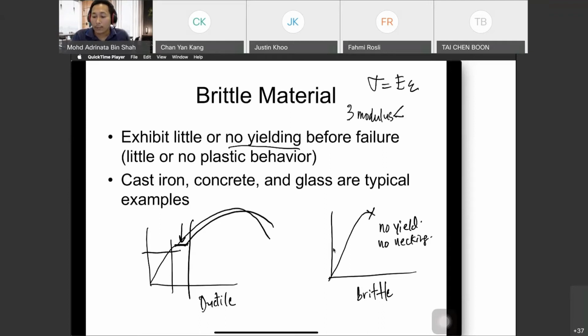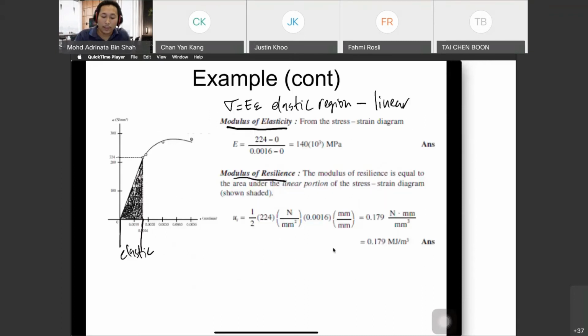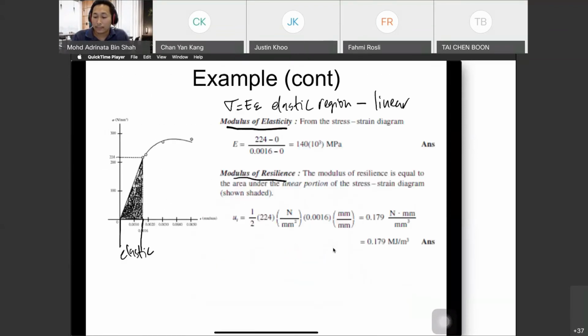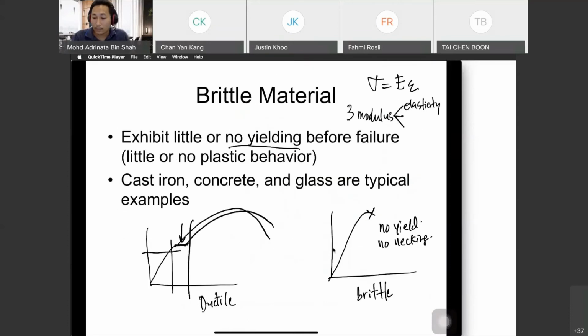Modulus of elasticity. Then we have modulus of resilience under the elastic area, and also modulus of toughness. Okay, so that's our stress strain diagram in this chapter.